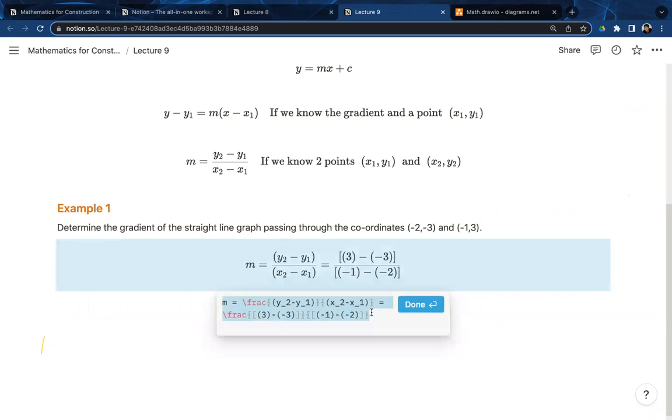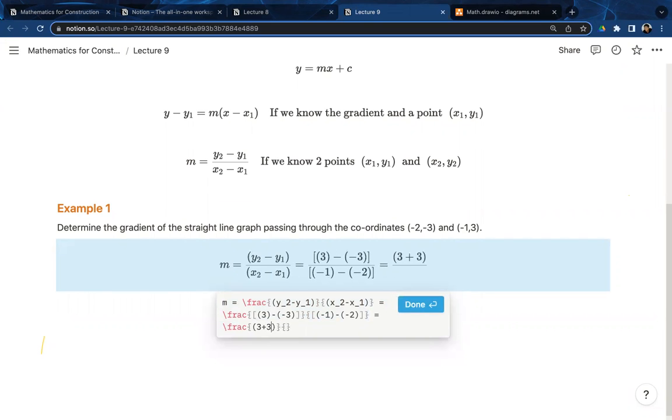And what is this equal to? Three minus -3. This is 3 plus 3. And the denominator is -1 minus -2. Minus by minus is a plus. Okay.